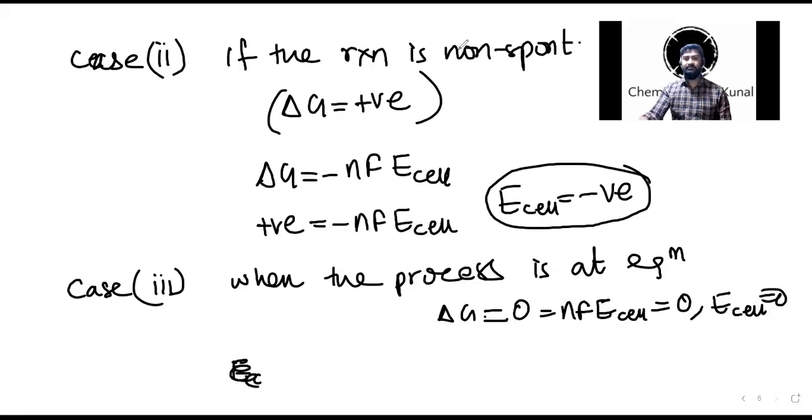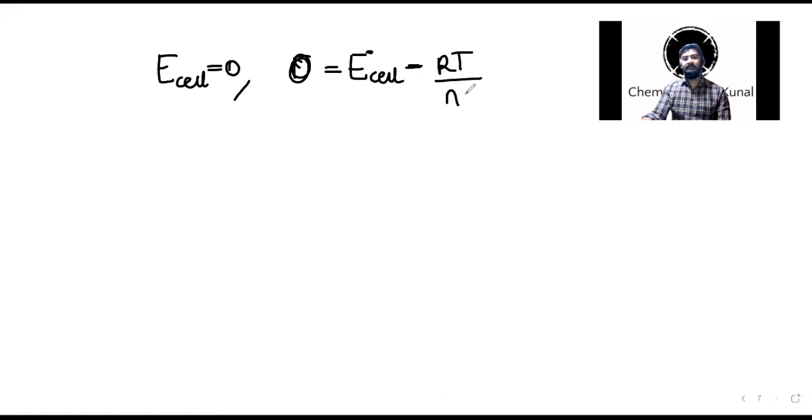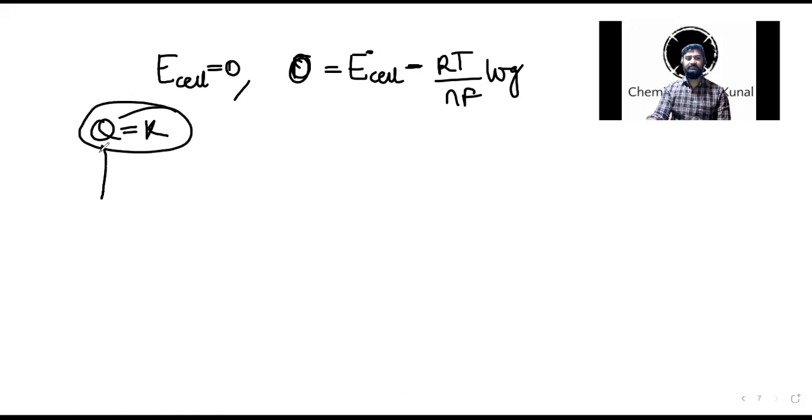I'll write in the next page. In the third case, since E cell is 0, it will become 0 is equal to E naught cell minus RT by NF into ln Q. And since it's equilibrium, Q becomes K. We know that Q is at any time, but K is at equilibrium always. We know this from class 11th.